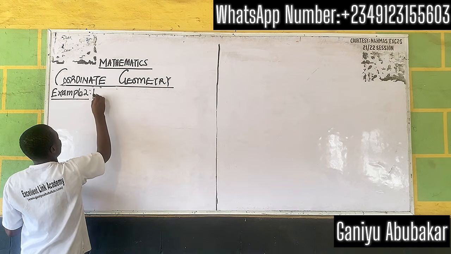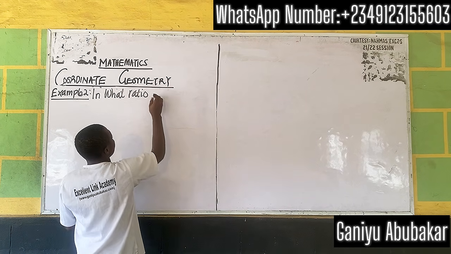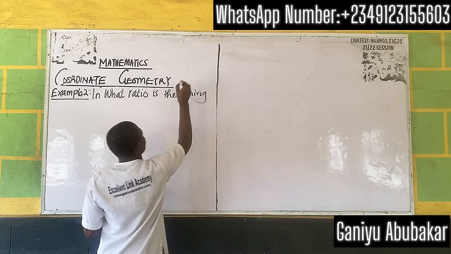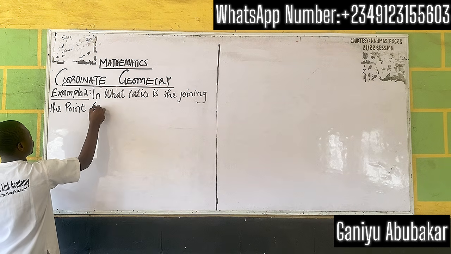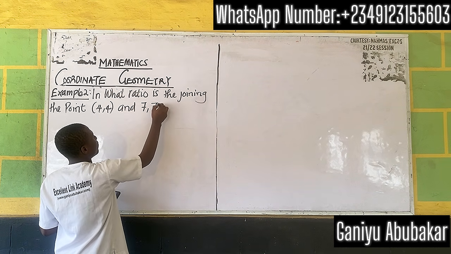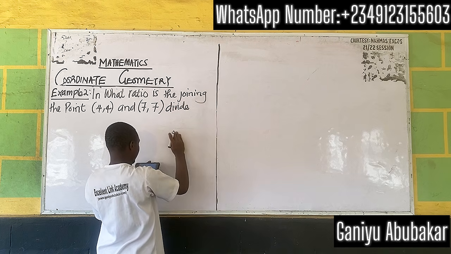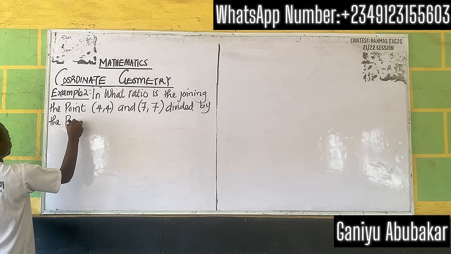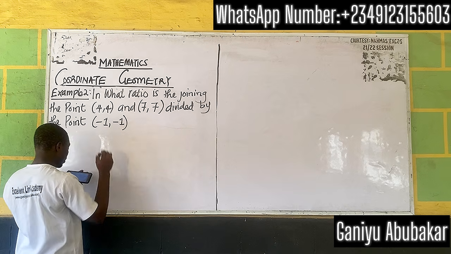It says, in what ratio is the line joining the point 4 comma 4 and 7 comma 7 divided by the point negative 1 comma negative 1. It says internally.